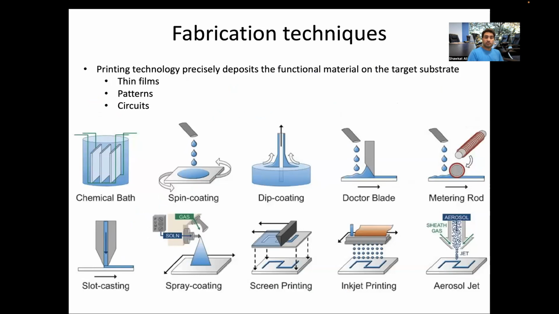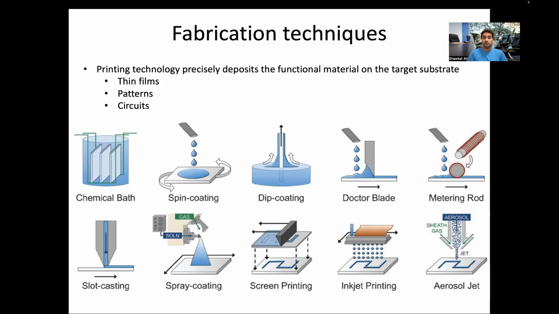Okay, so now this technology is very interesting and very useful in our daily life. So how can we fabricate devices by using printing technologies? Printing technology means we have a functional material and we have a substrate, and we want to deposit this material precisely on the target substrate to make circuits which are functional.